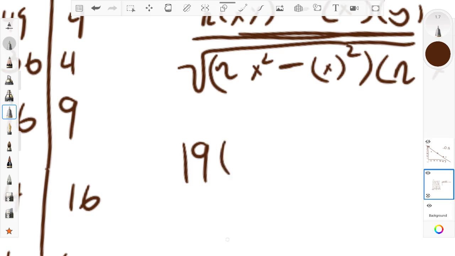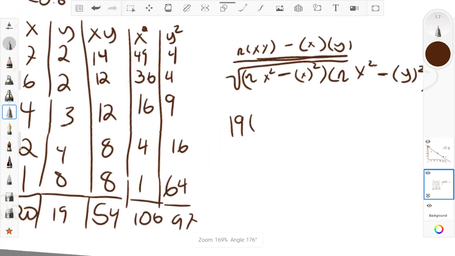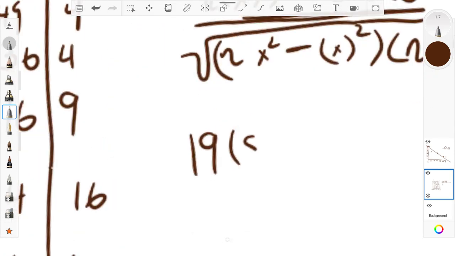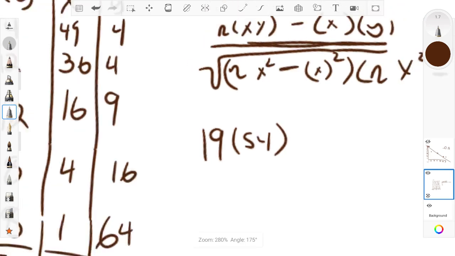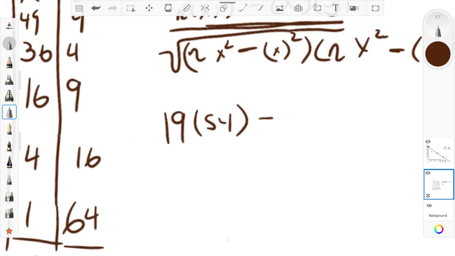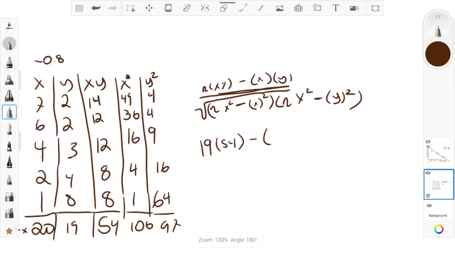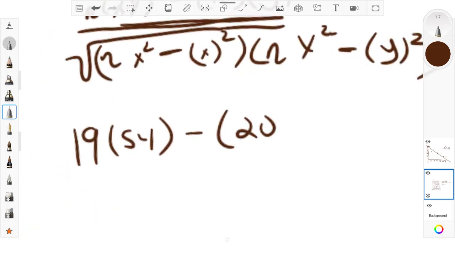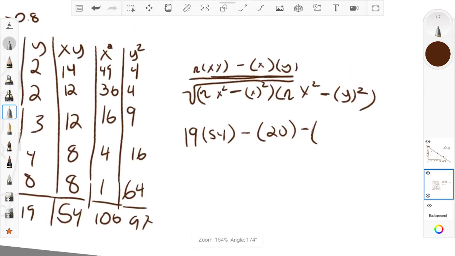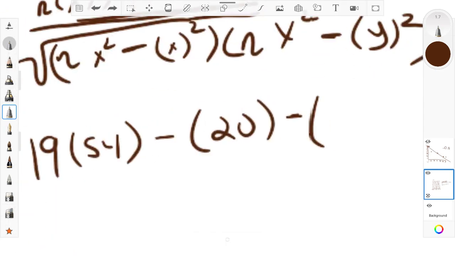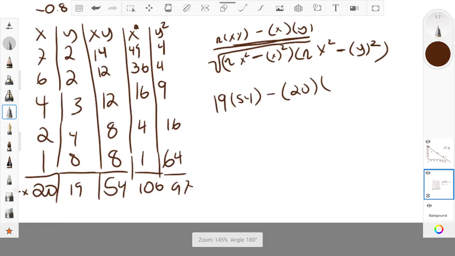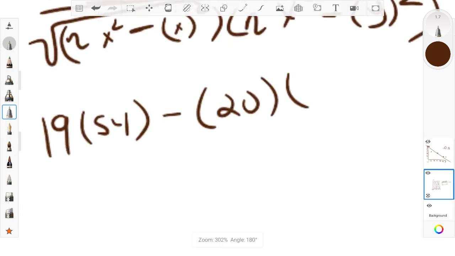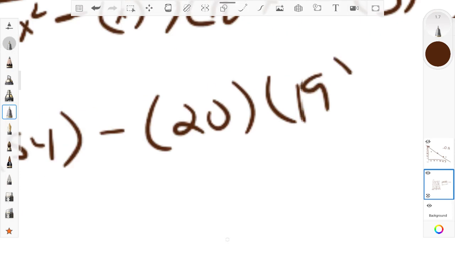So 19 times the sum of xy, which is 54, minus the sum of x, which is 20, times our sum of y, 19. Oh, sorry, times just our sum of y, not minus.